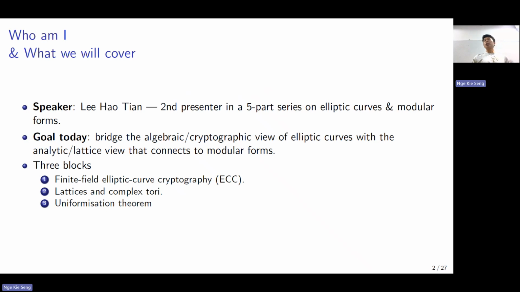Then I will introduce lattices, which was spoken about by the first team, which talked about lattices and toruses. And then we will show how an elliptic curve defined over C, the complex plane, is actually isomorphic to a lattice.